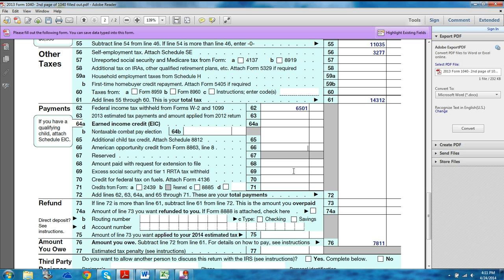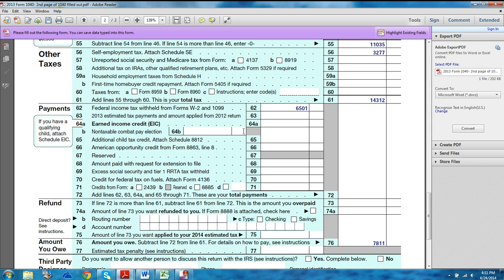So they're withholding Social Security on all your wages up to that limit. Now, if all 10 of these people are doing this, then you have excess Social Security tax. If you're making $100,000 from each employer, you have way more Social Security tax withheld than you should be. And this is where you're getting it back.